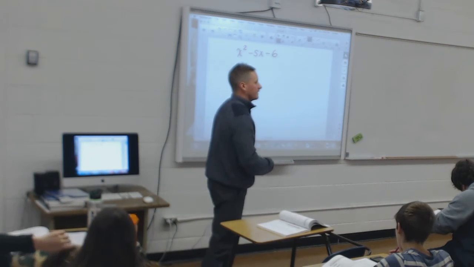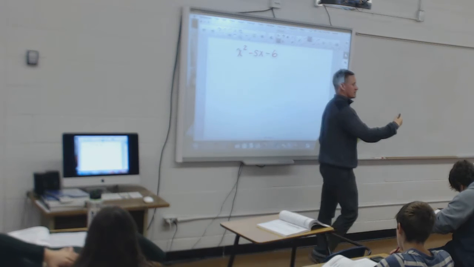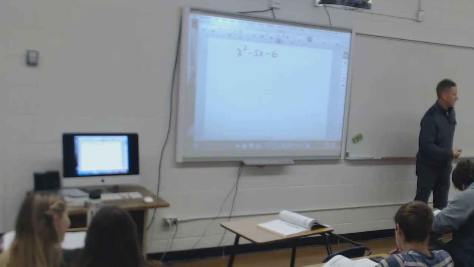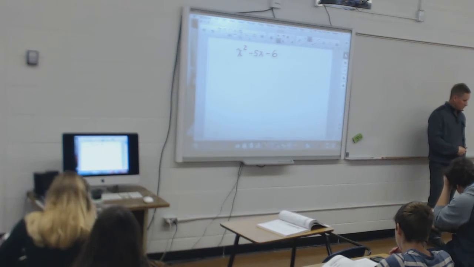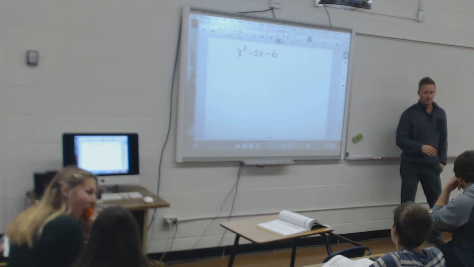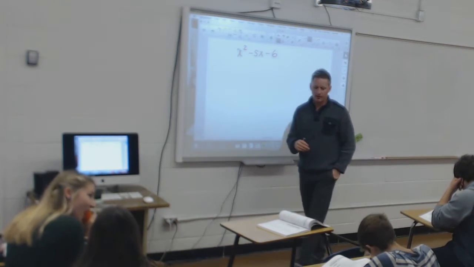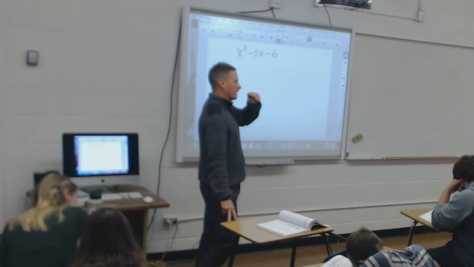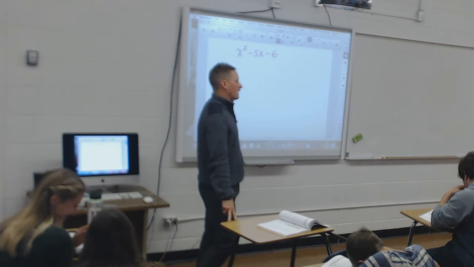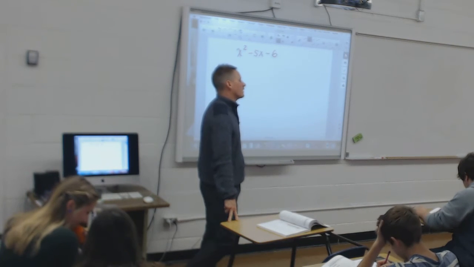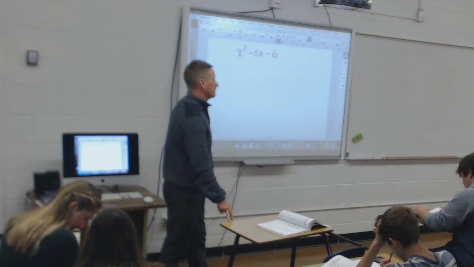I'll show you why, when it makes more sense when I put a number in front, and then you'll understand. Instead of x cubed, we'll get into that. You actually don't do factoring trinomials where there's cube functions.